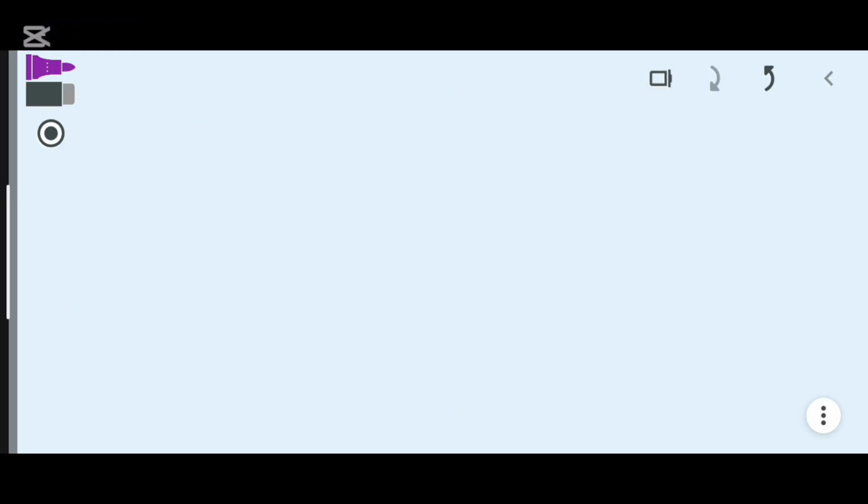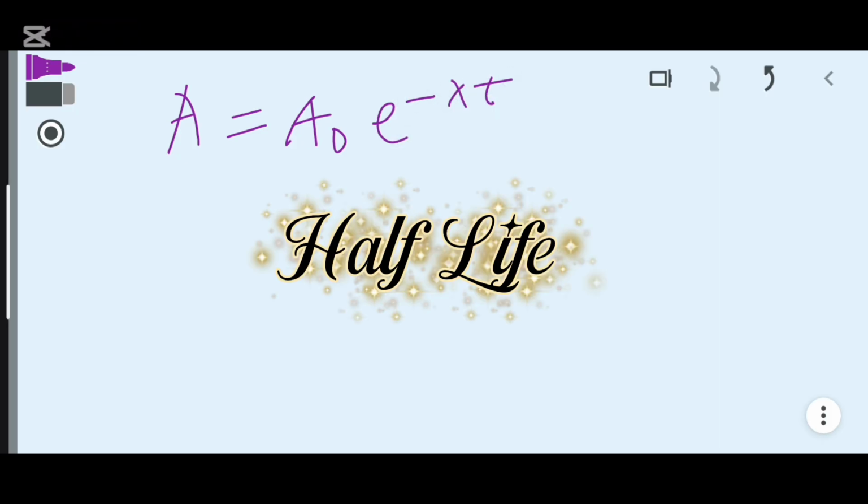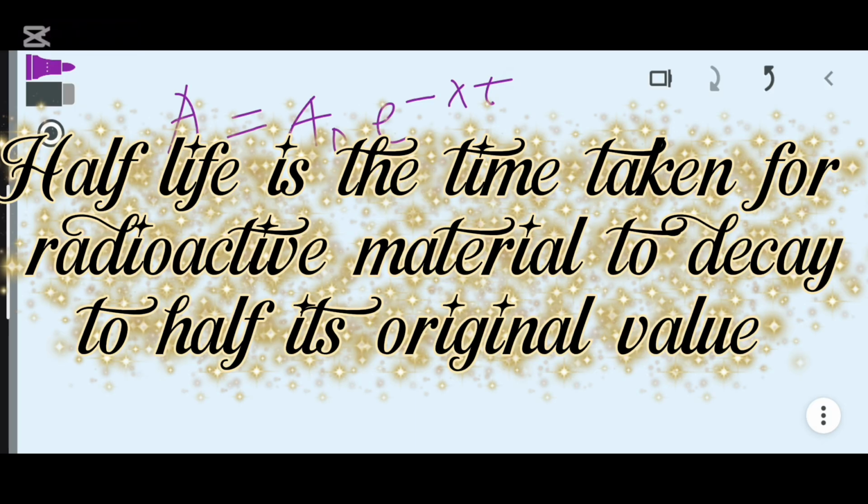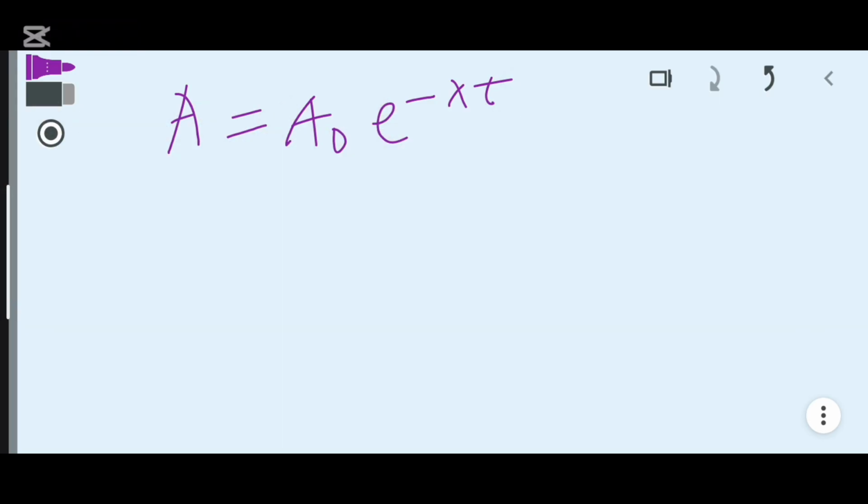The formula can also be written as activity equals initial activity times exponent of negative lambda t. Now the next step is to determine our half-life. Remember that the half-life of every substance is the time taken for a particular element to decay to half its original value.